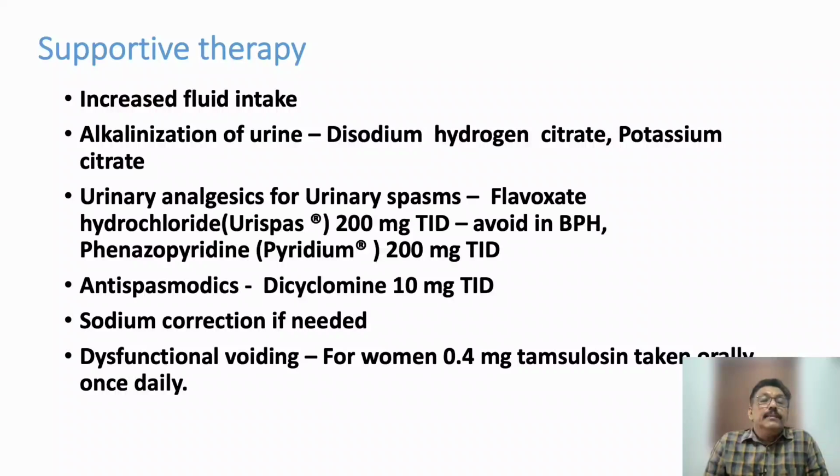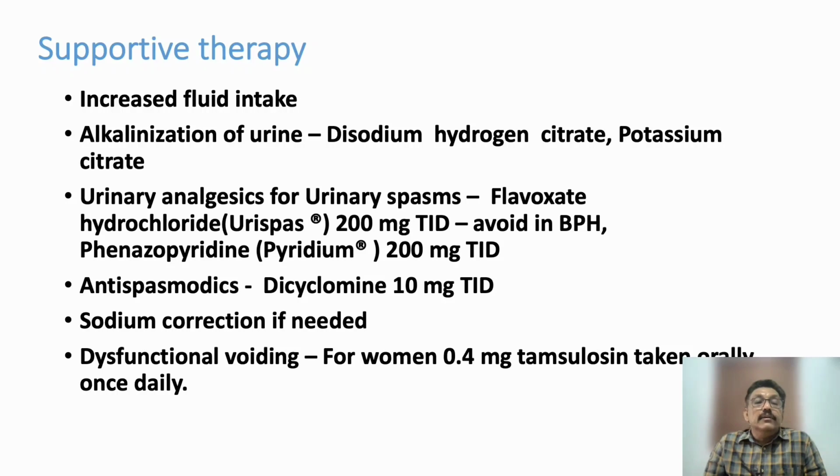Now, supportive therapy: you can ask the patient to take a large amount of water. The only thing is, if there is hydronephrosis, we have to be very careful in volume expansion. Otherwise, the patient can be asked to take a good amount of water. Alkalization of urine can be done if the patient has severe dysuria, especially when the urine pH is very low.